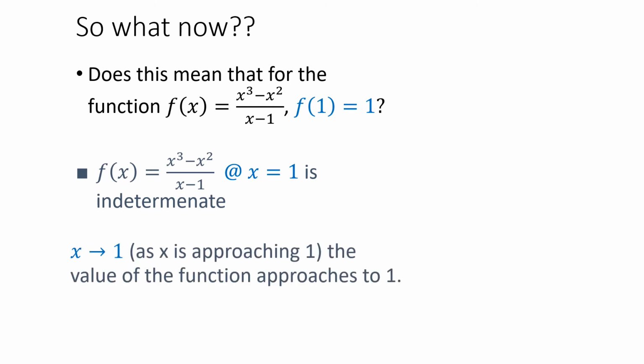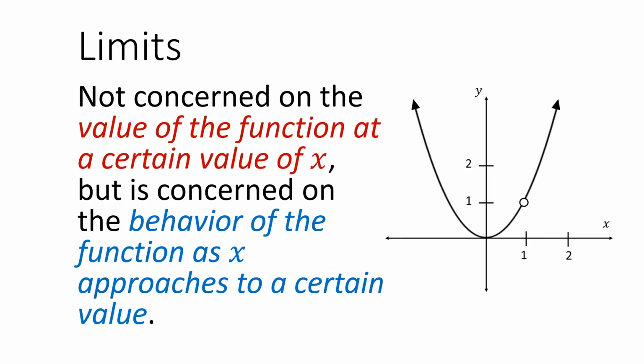So we can say though that as x approaches 1, the value of the function approaches 1 as well. So as we go closer and closer to 1 from the left and the right for the x value, the value of the function, or the y values, goes to 1 as well. So this is the concern of the limits.